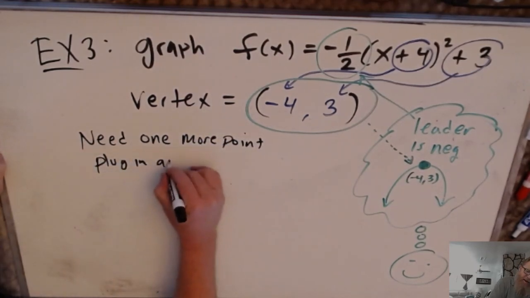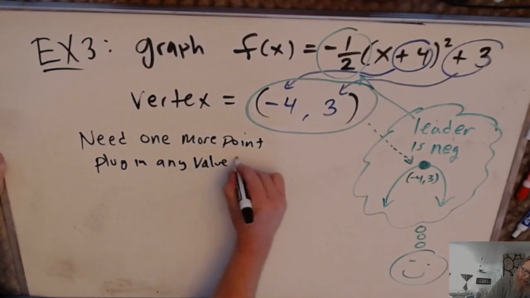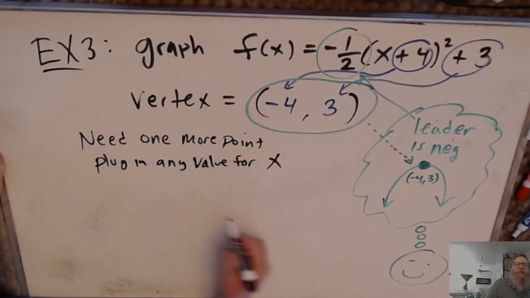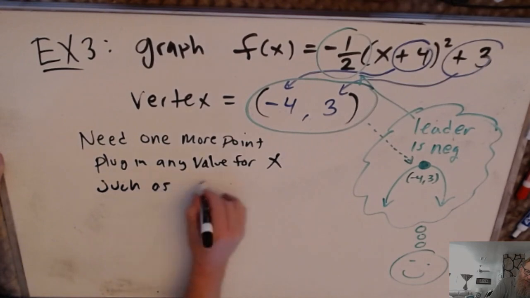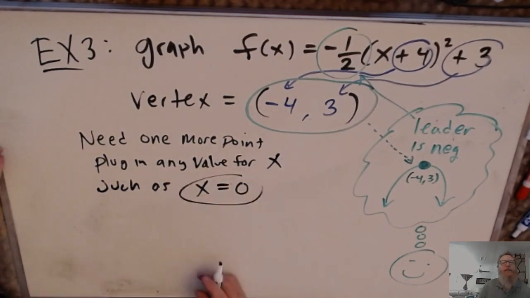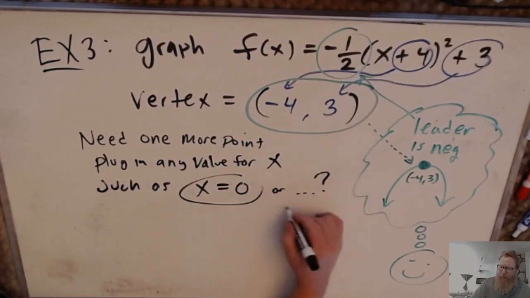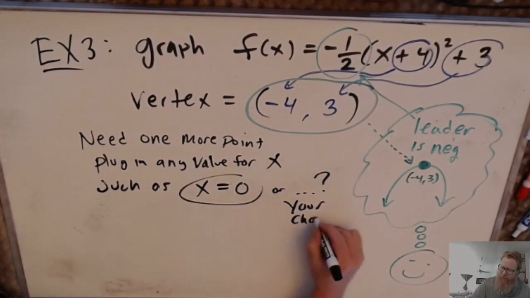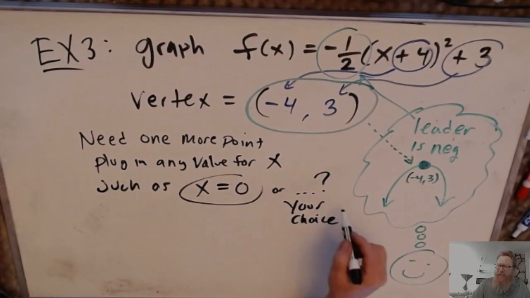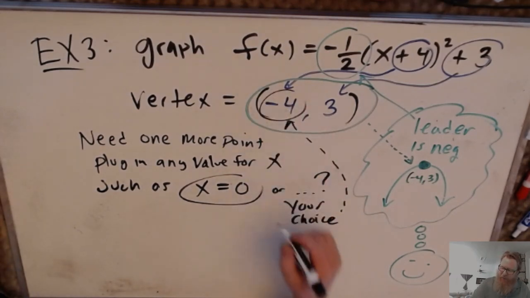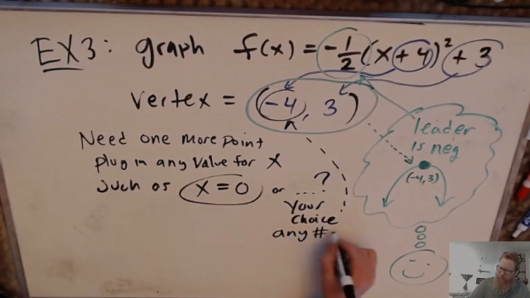Plug in any number for x, such as x equals 0, or whatever you like, your choice. There's only one rule. You can't reuse the vertex again.